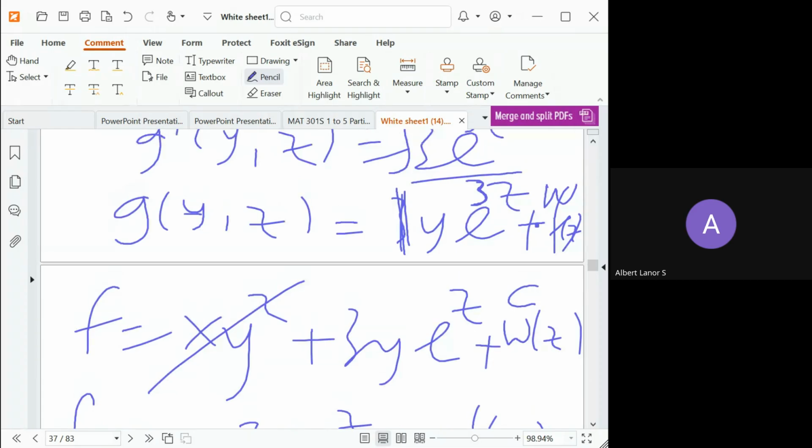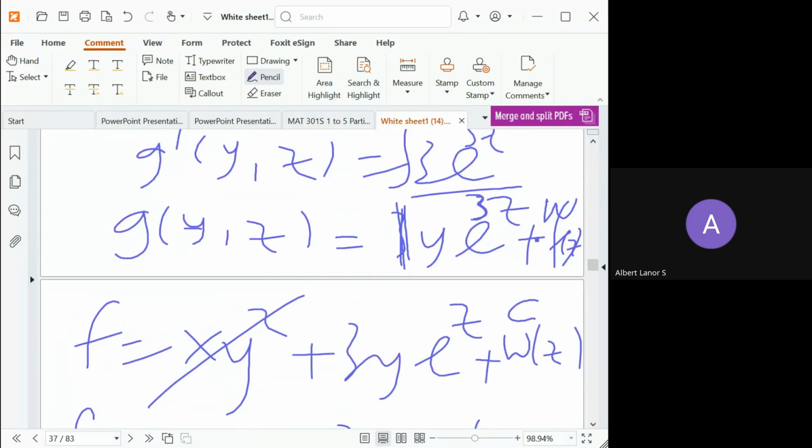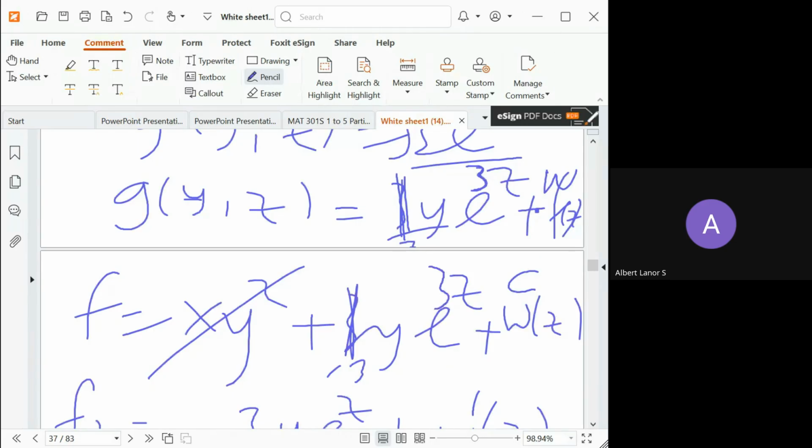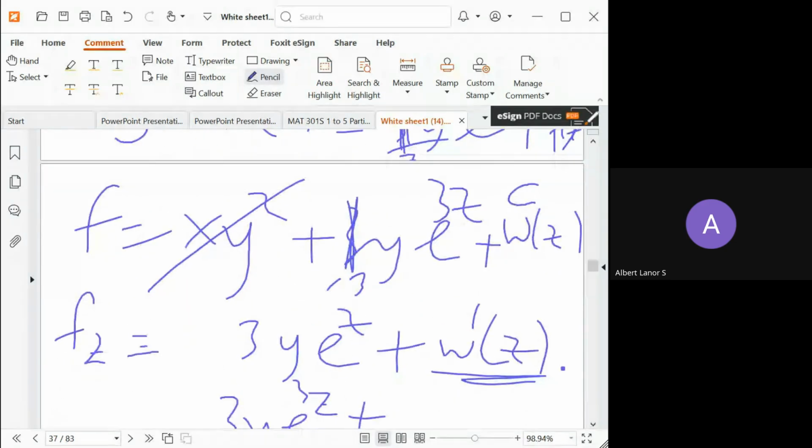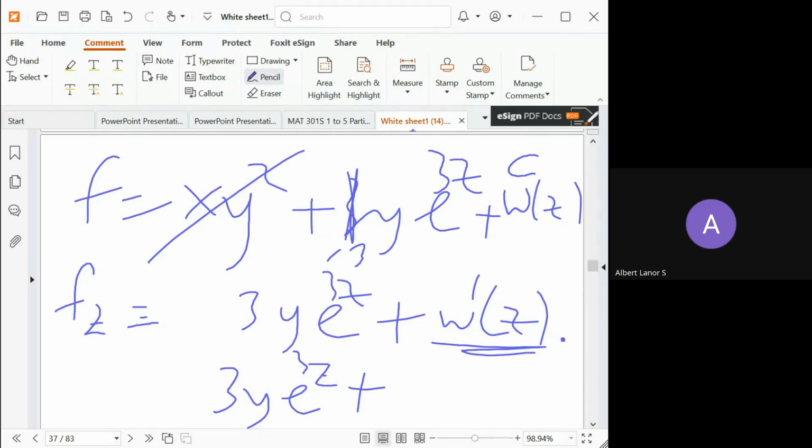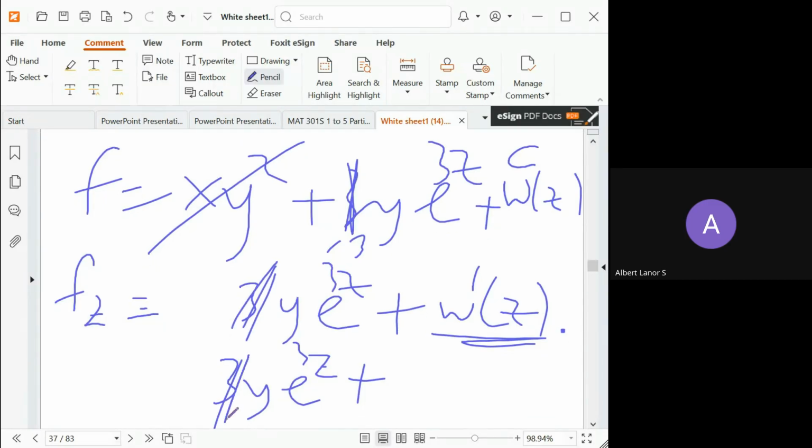But normally it should have been that I should have just y e^(3z), after I've divided through by the 3, then it will cancel out, giving me y e^(3z). So you see that I even left all the 3zs in it. So this 3z should not be here. But this is correct.